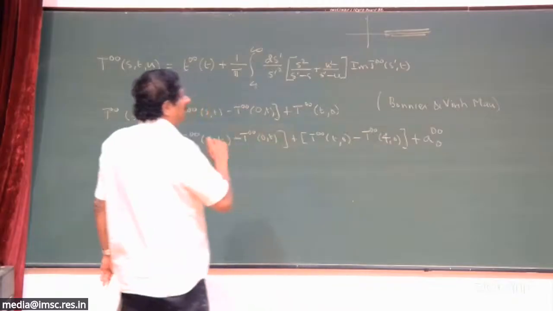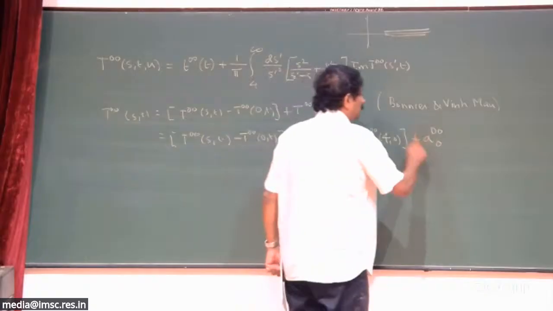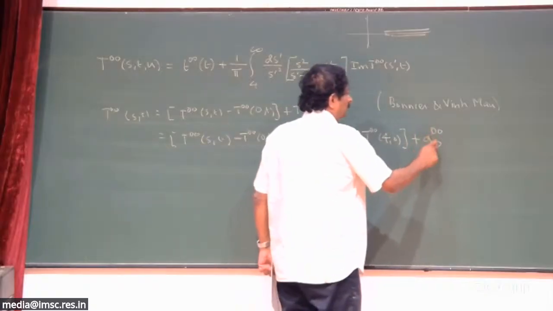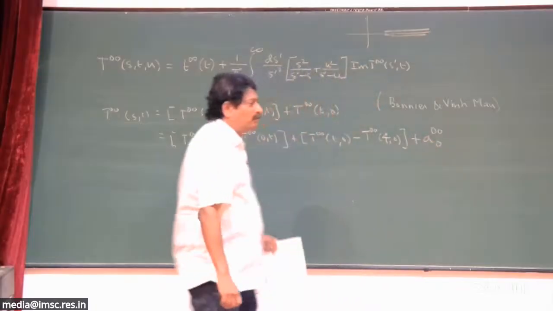The T dependent unknown function has been eliminated, and that has now been pushed into this quantity A0, 0, 0, which is a measurable quantity. It's an experimentally accessible quantity.